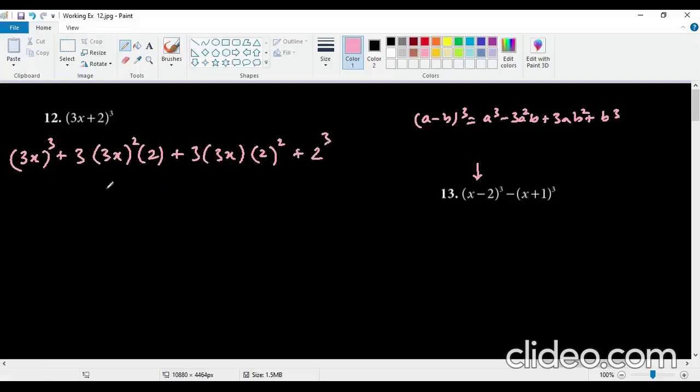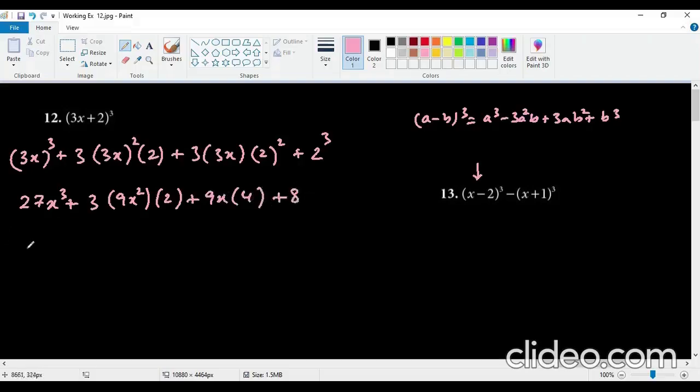Now in here, first one is going to give me 27. 3 times 3 times 3 is going to give me a 27 x cube. And second one is going to give me, first we simplify 3 and this is going to give you 9x square times 2, and this one is going to give you 3 times 3 is 9, 9 times 9x, and this is a 4 plus 8.